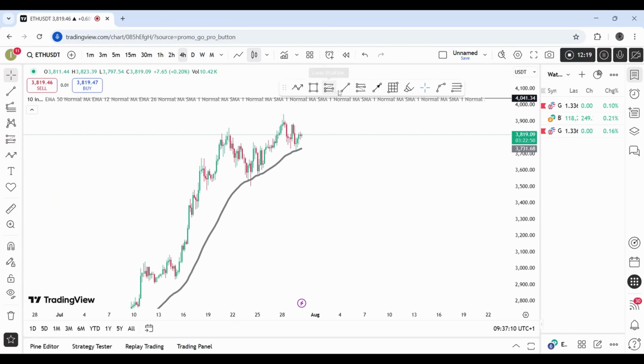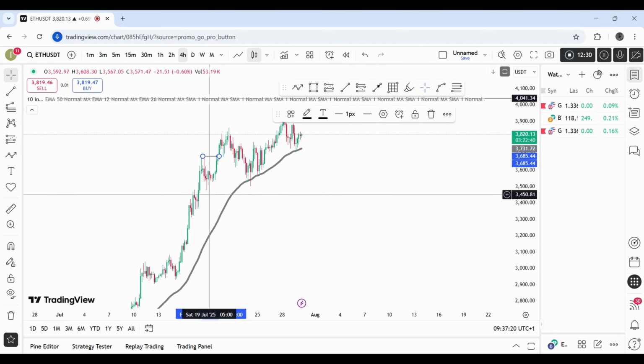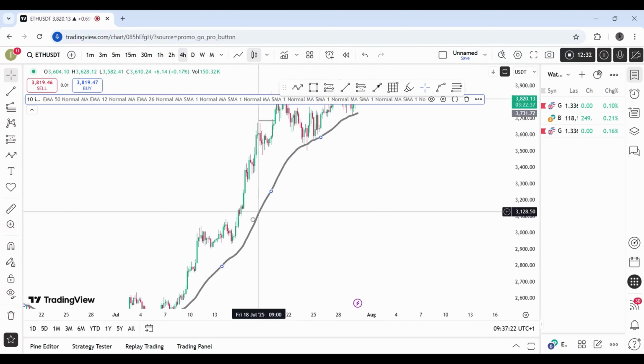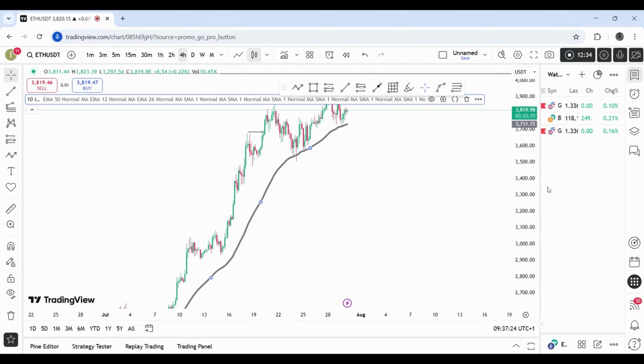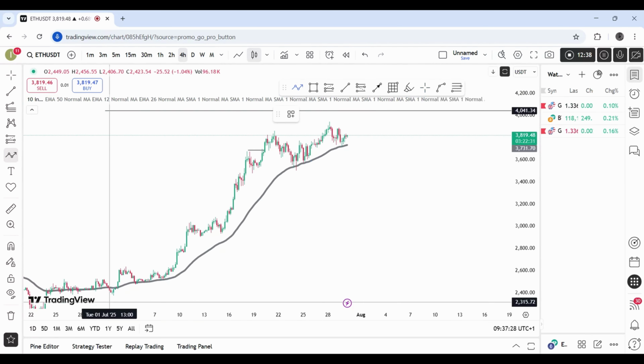As you can see, from all year the market keeps on breaking price to the upside.